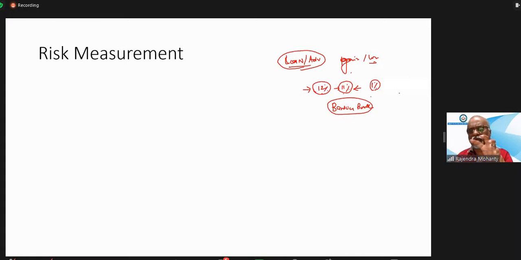If you know the loan amount and the rate of interest, and similarly for deposits, how much interest you are paying on the deposit amount, and in future it is going up or down, that way we know how much we lose when the interest goes up and how much we earn when the interest goes down. So that is the simple way.